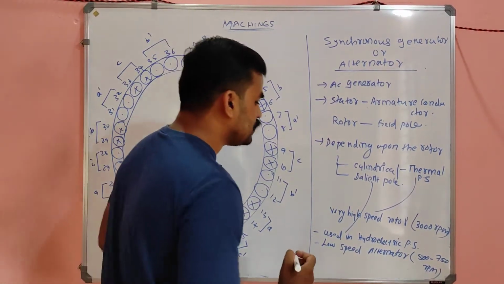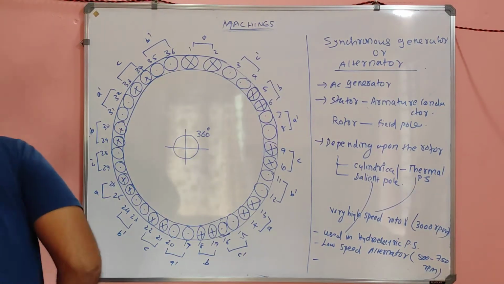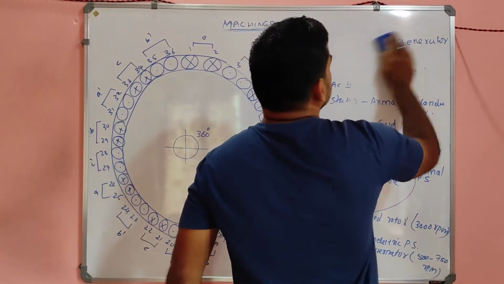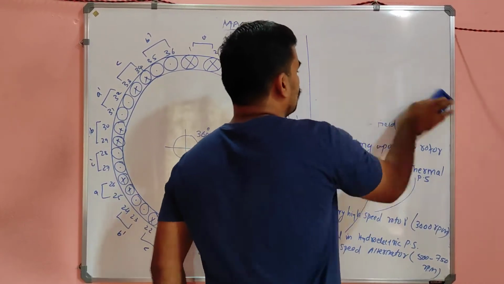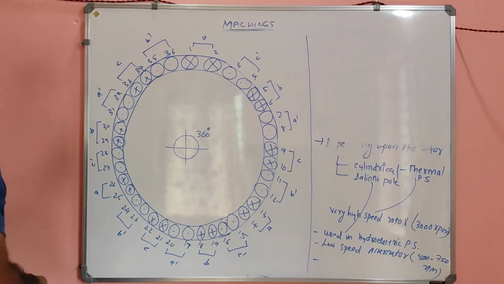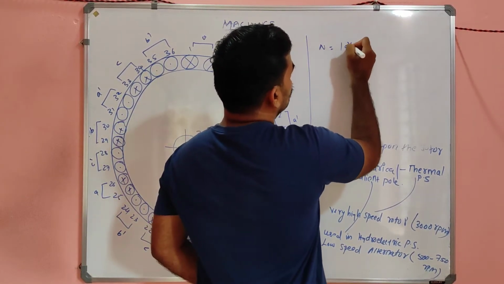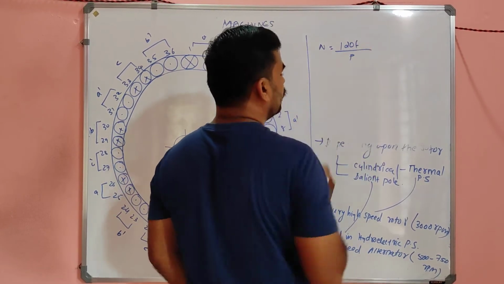And we have the same relation in the alternator as in the induction motor. The same equation you can apply here also, that is, the speed is equal to 120 into f divided by P.